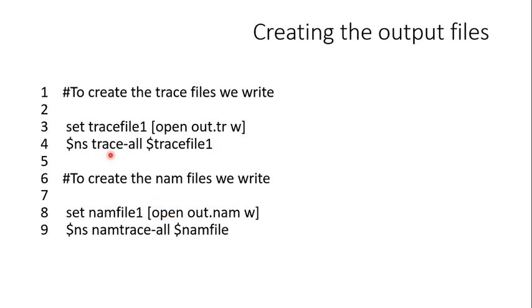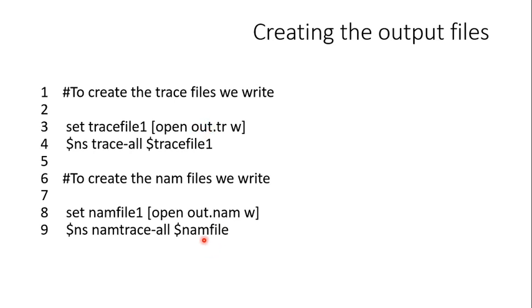But what about this trace all in the sense? Basically, trace all is the actual executable command which traces all the events in the flow or events in the format. So this tracer traces all the events in the trace file, whereas nam file produces the complete depiction of your nam file, which is out.nam.